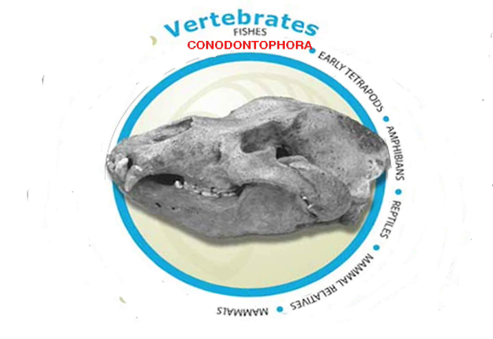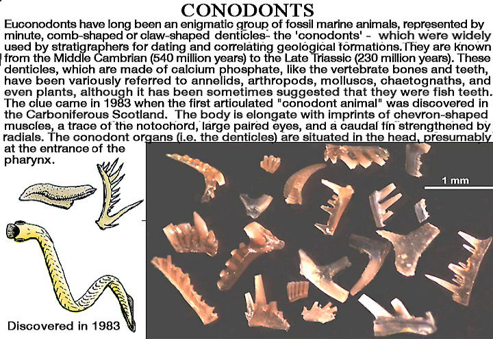Now called conodont elements, fragmentary tooth and jaw fragments of bone-like calcium phosphate occur in strata ranging in age from mid-Cambrian to late Triassic. These fragmented teeth and jaws are very common in Paleozoic shales, change significantly with time, and are readily concentrated.